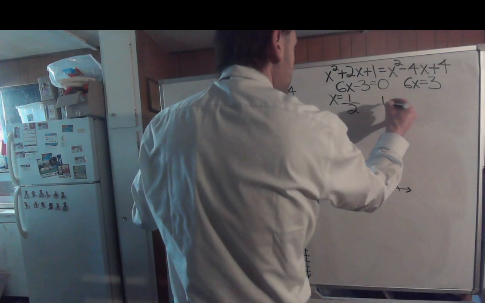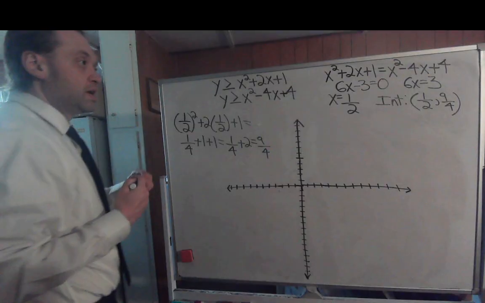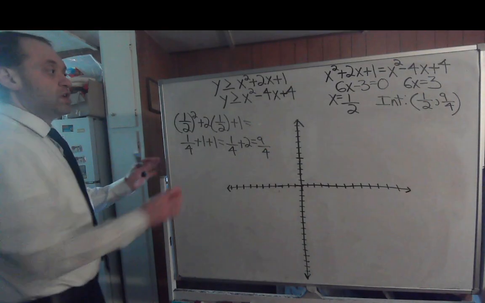So the two parabolas would intersect at the point 1/2, 9/4. That does come in handy when you're graphing these. That helps you draw an accurate graph.